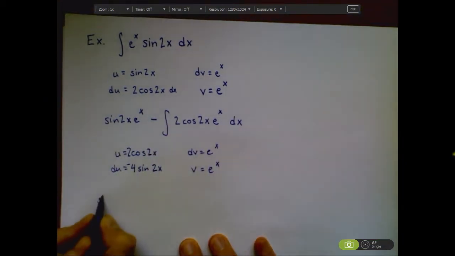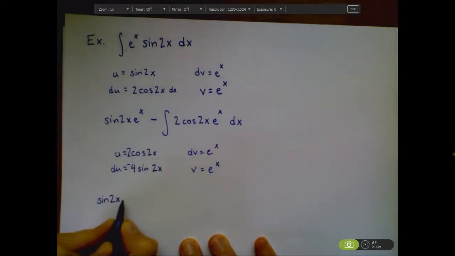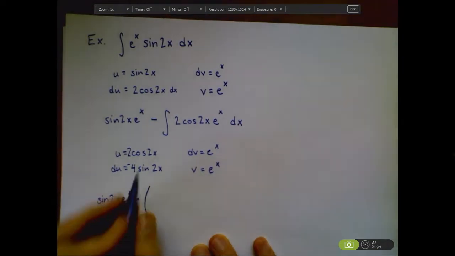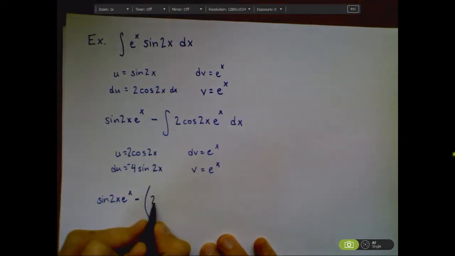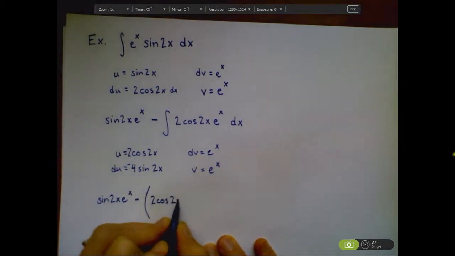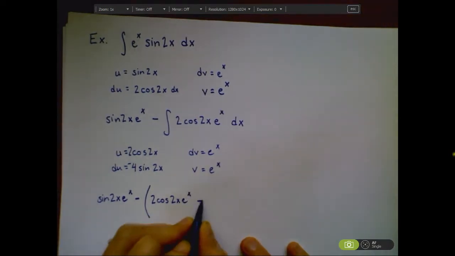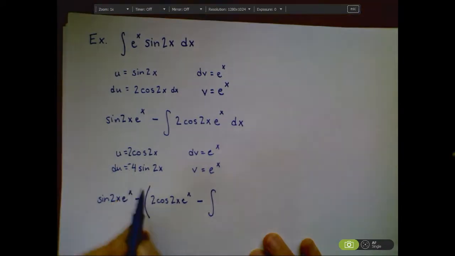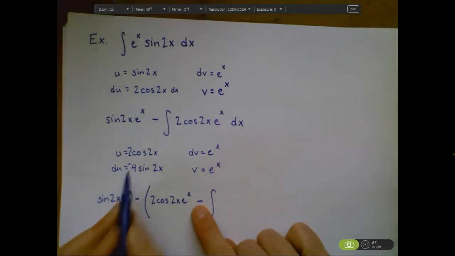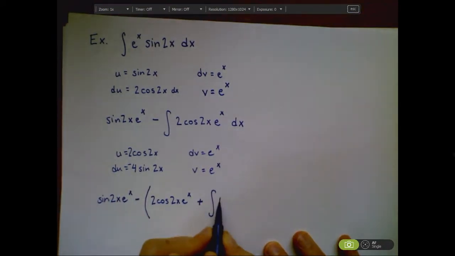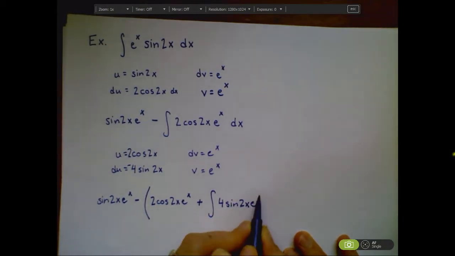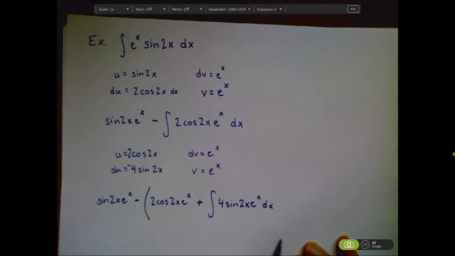So we still have this leading term, sine of 2x e to the x minus uv, 2 cosine 2x e to the x, minus the integral of v du. So this minus the negative becomes positive 4 sine 2x e to the x dx.